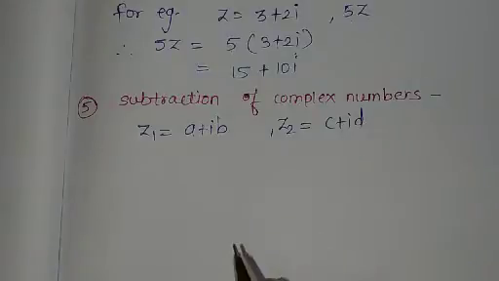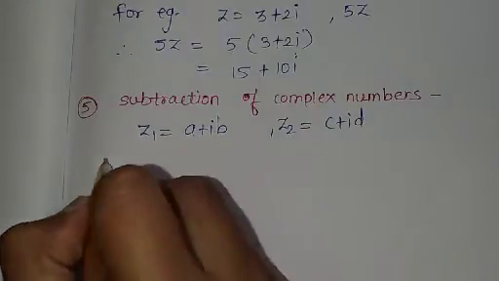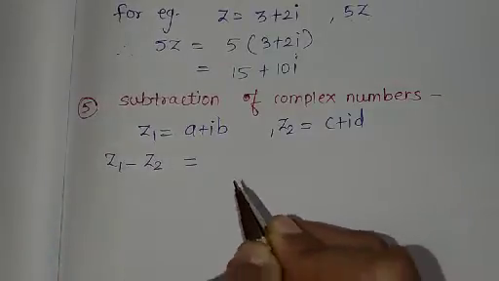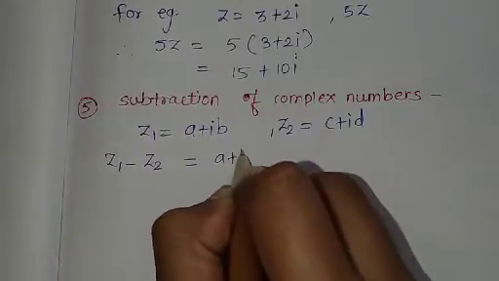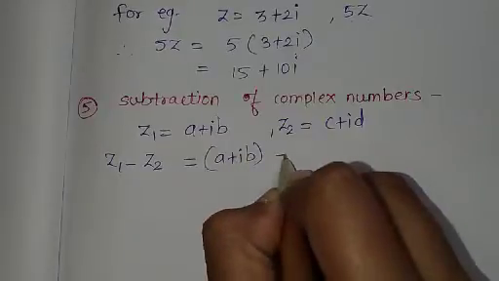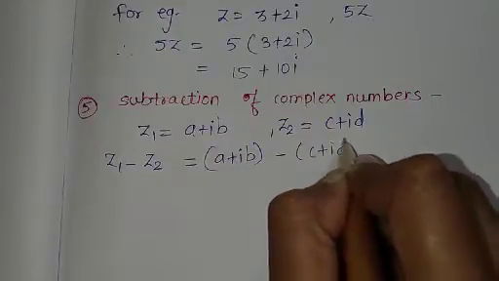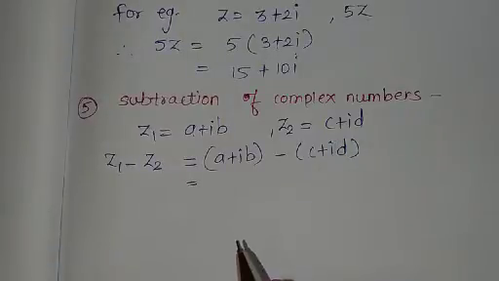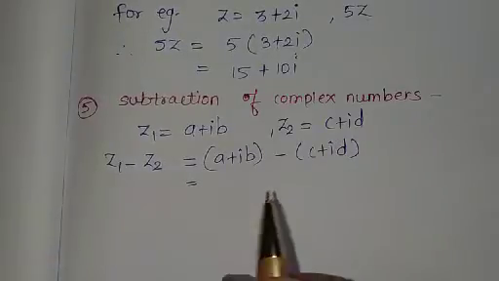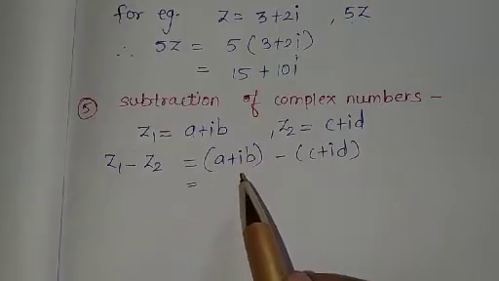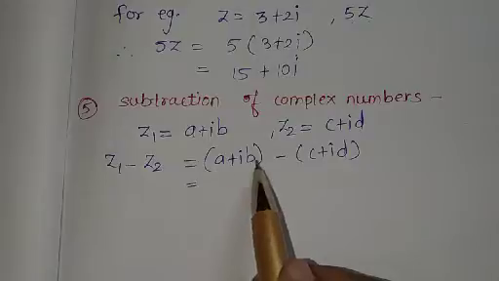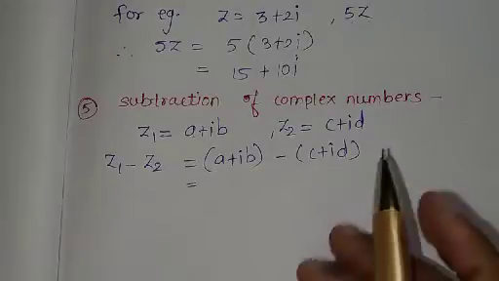We have to subtract these two complex numbers as z1 minus z2, which is equal to a plus ib minus c plus id. So again we have to take the subtraction of the real parts and the imaginary parts together.